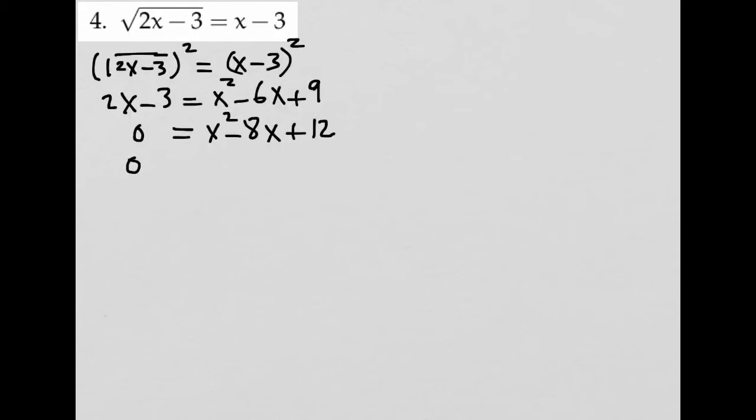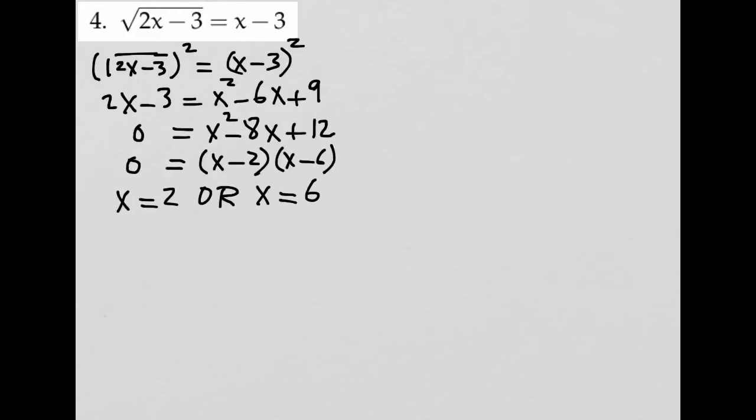So the right-hand side factors as x minus 2, x minus 6, which means x equals 2 or x equals 6. These are the solutions of the squared equation.